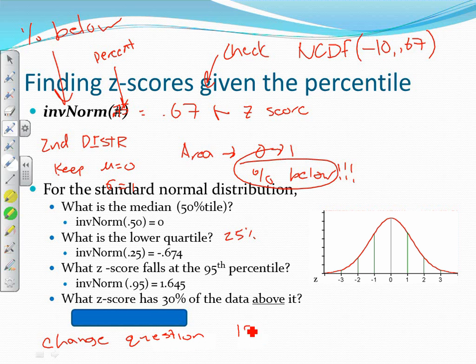Take 100% and subtract your percent above, and you'll get your percent below. Okay, write this down. This is important. You take 100%, you subtract your percent above, you'll get your percent below.